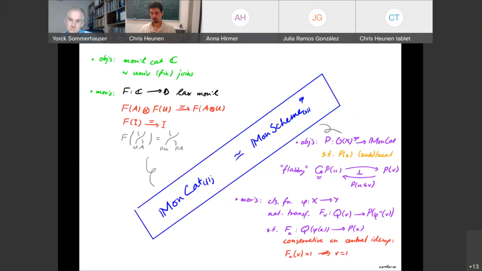You can make it functorial if you like, but I don't want to do that now. What the representation theorem said is that a monoidal category you can turn into a sheaf. If you define the right notion of monoidal functors between monoidal categories, you also get some sort of notion of morphisms between sheaves, and it becomes an equivalence of categories.